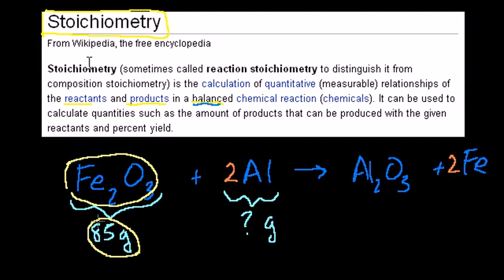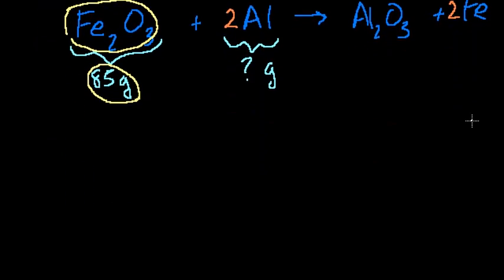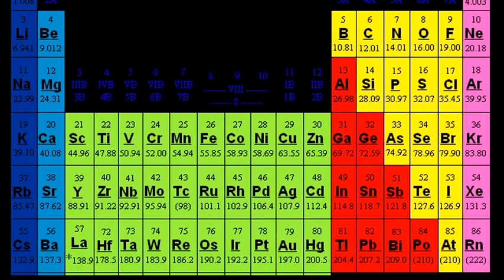So let's first figure out how many moles 85 grams are. What's the atomic mass of this entire molecule? We have 2 irons and 3 oxygens. Let me figure out the atomic masses of iron and oxygen.